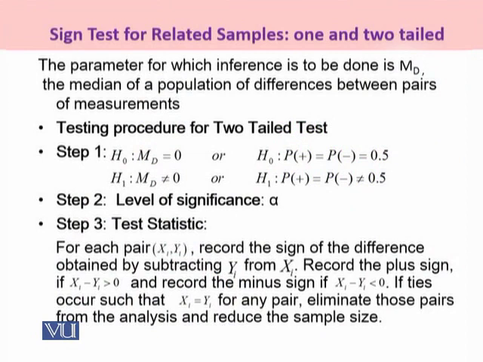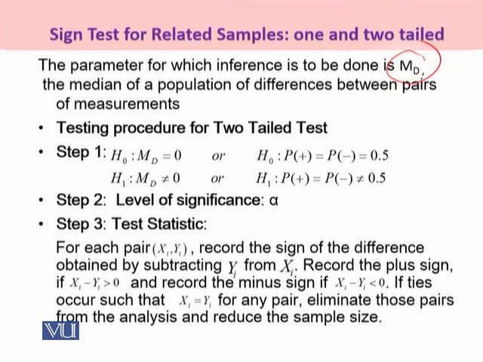The parameter for which we test our hypothesis under the sign test is denoted as MD, where MD stands for the median of the population of differences between the pairs of measurements. First of all, we will talk about the testing procedure for the two-tailed test.